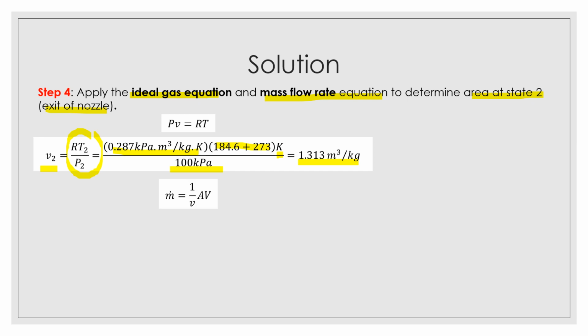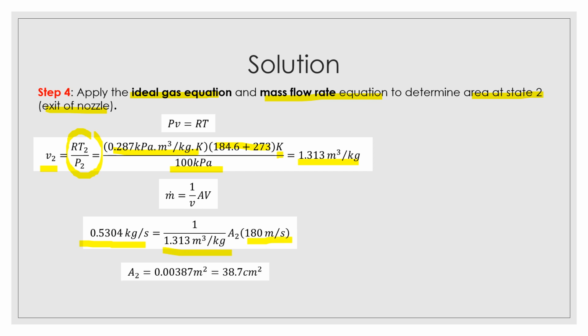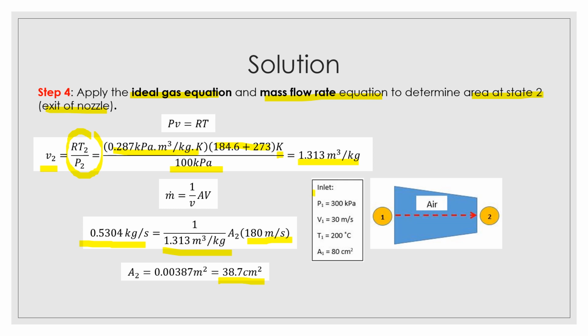Next, we apply the mass flow rate equation and insert all the information related to the mass flow rate, the specific volume, and the velocity. And finally, we get the area at the exit nozzle, 38.7 centimeter square. We can cross-check our answer by listing down all the information related to the inlet and also to the outlet.